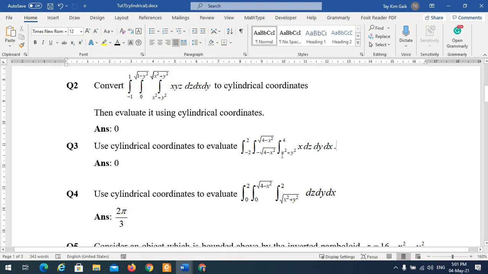For question 3, when you directly convert, the limit of z is r squared until 4.